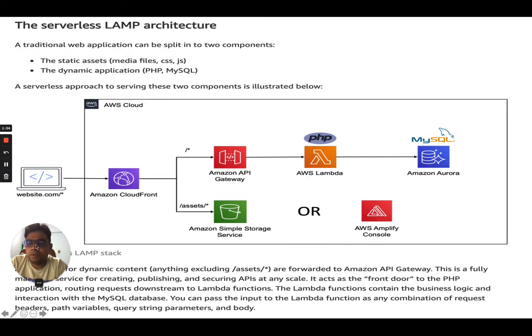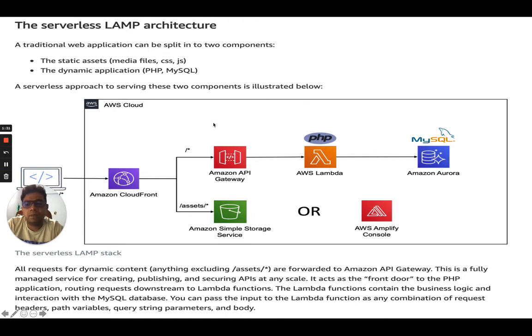So let's see how it works. In serverless, it is divided into two components largely: the static assets and the dynamic applications. So whenever a user visits a website, suppose it's google.com or anything, the request comes to Amazon CloudFront.